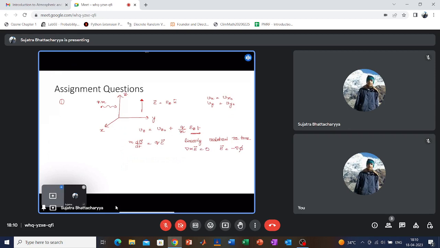Now, if I dot it with velocity, then v dot m dv dt is nothing but q E dot v.